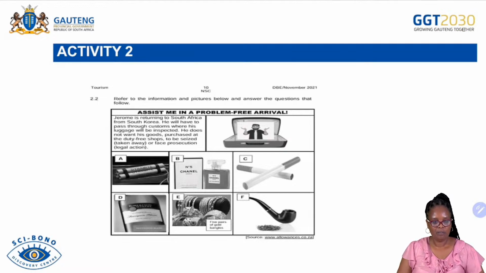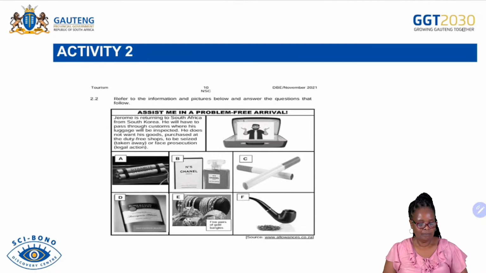I'm giving you half a minute to do that. I'm looking at the time. Okay, we are done because we are choosing the ones that we will have selected in 2.2.1.